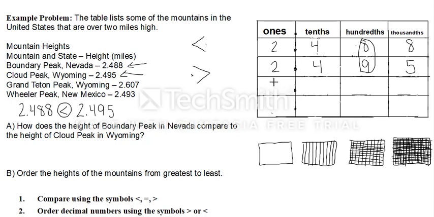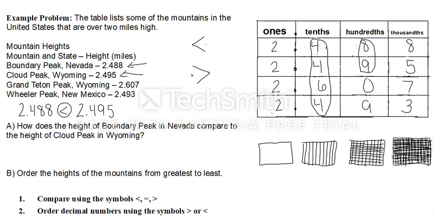So the next thing I'm going to do is stack them. My decimal gets written first, it's already there. So I'm going to stack them with the decimal written first and then the numbers on either side. So here I have the decimal written first and then the ones and then the numbers on either side. Now I'm starting again from left to right, knowing that there's no difference here, but now when I'm comparing all the numbers, I see that there's a difference in the tenths place.